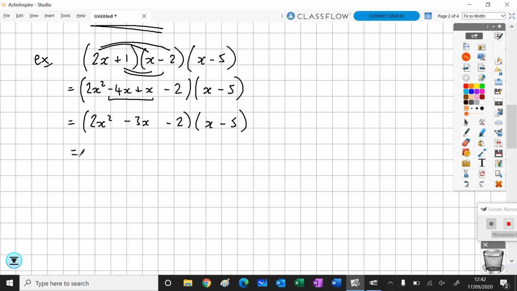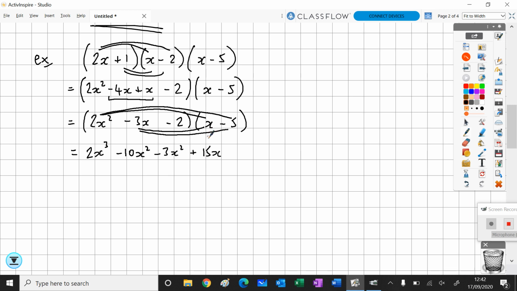Now, 2x cubed take 10x squared minus 3x squared plus, be very careful of that plus, negative times negative makes a plus, negative 3x times negative 5x plus 15x.